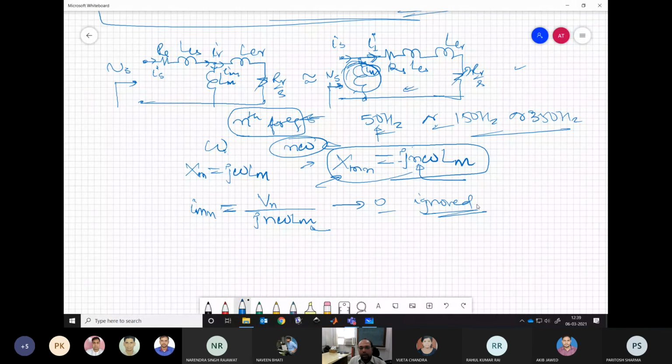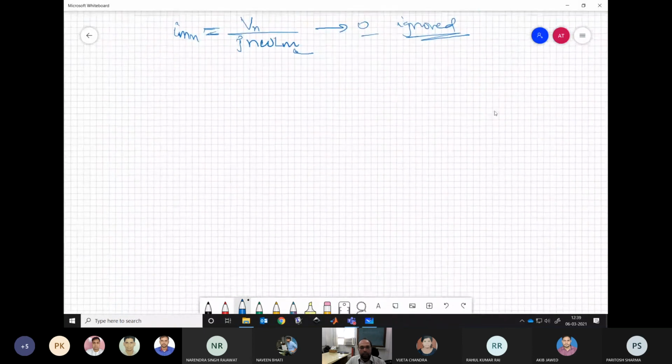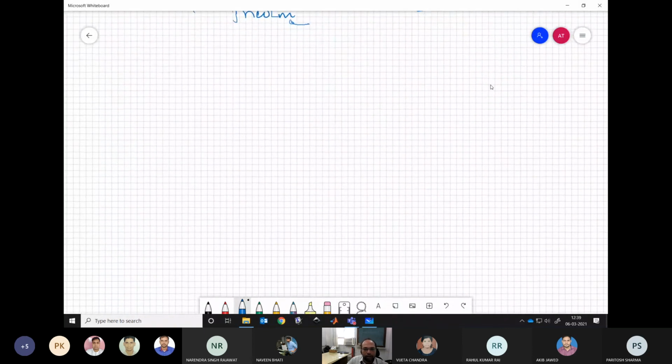Which means our harmonic voltage is not generating any appreciable flux in the air gap. If we ignore the magnetizing branch, we are left with the other impedances over there.